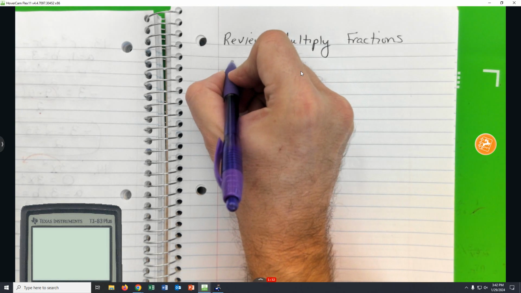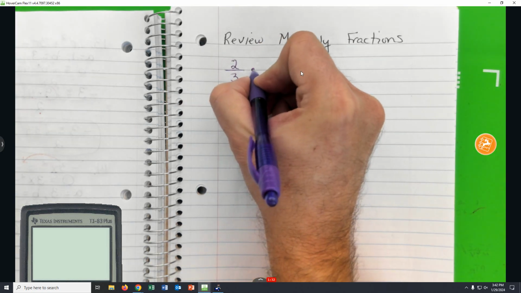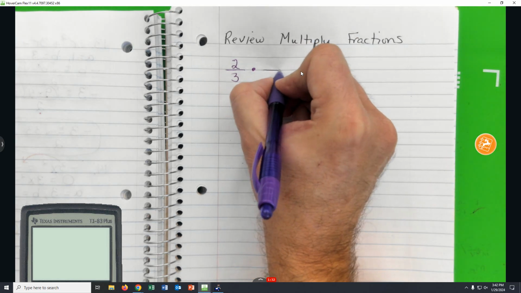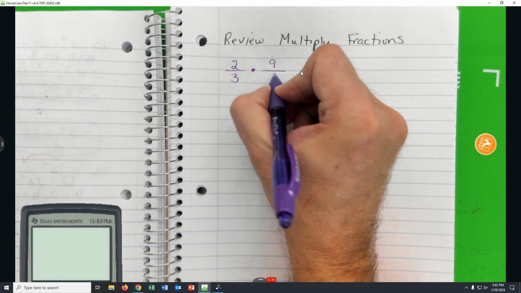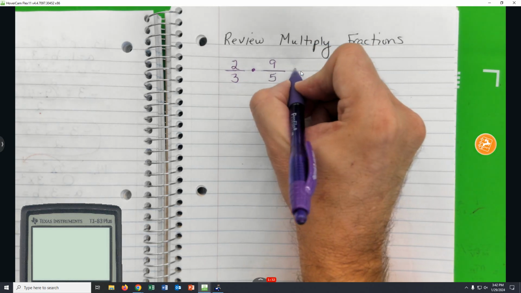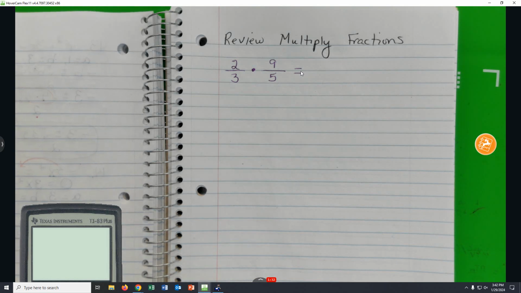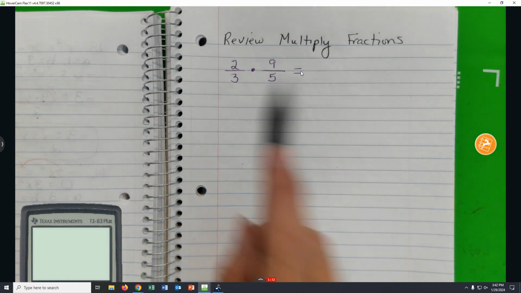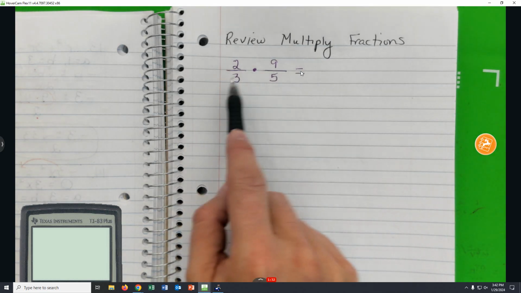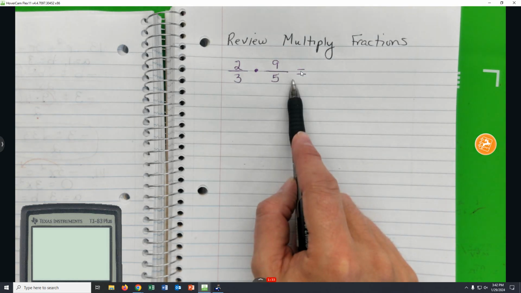If we had this, 2/3, I'm going to use a dot for times, 2 over 3 times 9 over 5. 2 over 3 times 9 over 5. There's two ways that you can multiply fractions. The basic definition of multiplying fractions says just multiply straight across. So we'd have 18 over 15.